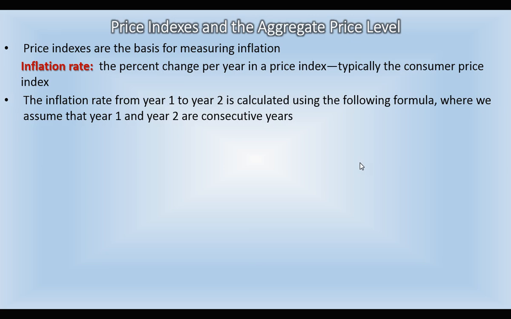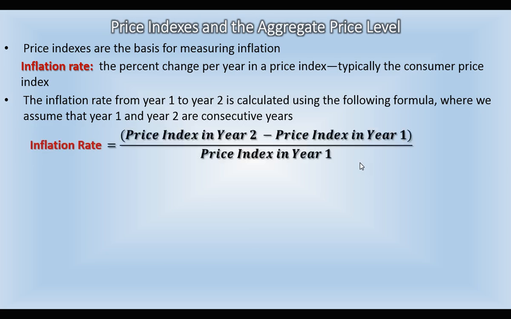So the inflation rate from year 1 to year 2 is calculated using the following formula, where we assume that year 1 and year 2 are consecutive years. So the inflation rate is equal to the difference between the price index in year 2 minus the price index in year 1, as a proportion of, or divided by, the price index in year 1, times 100.